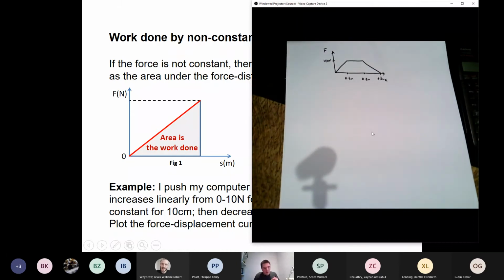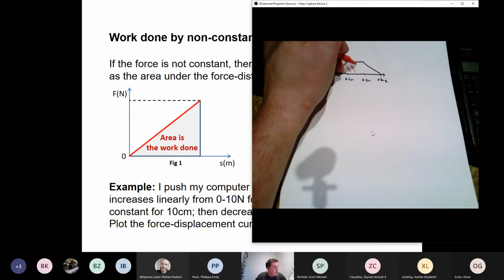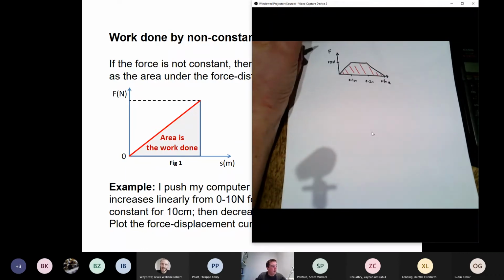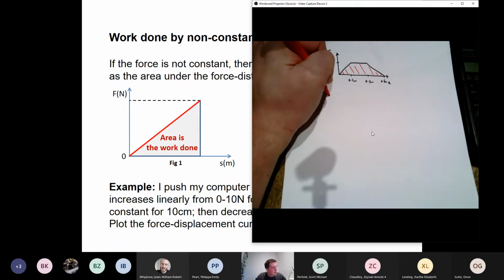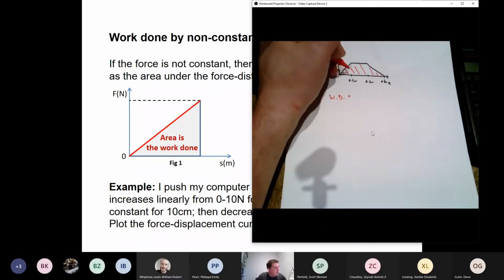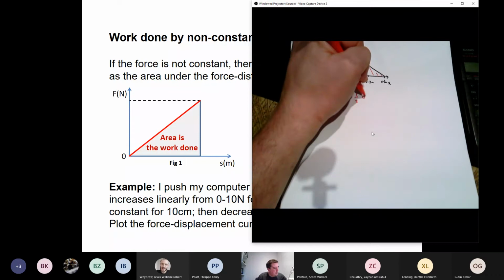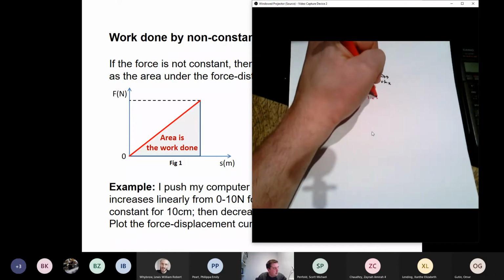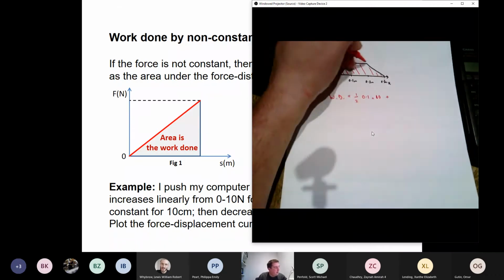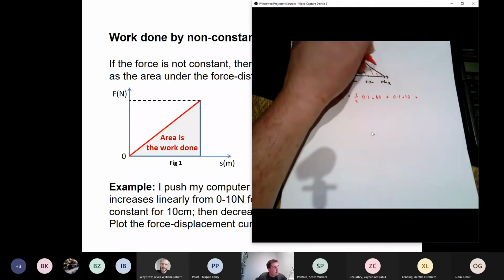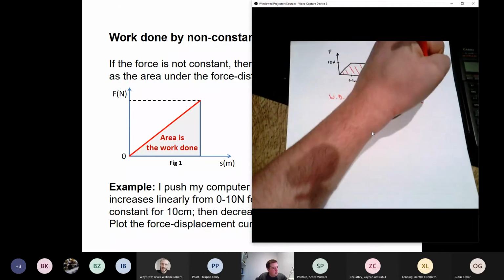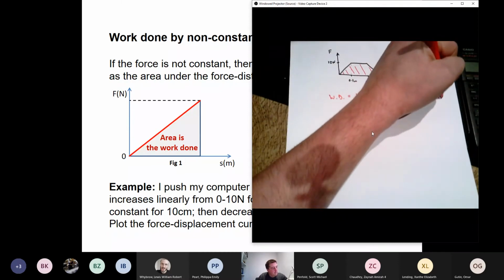And then we know that the total work done is the energy, is the area underneath that graph. So we can write down an equation for that, work done equals the area of this triangle, and the area of a triangle is a half times the base times the height, plus the area of the middle rectangle, which is the base times the height, plus the area of this triangle, a half times the base times the height.